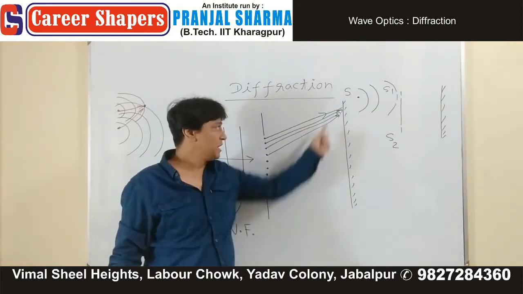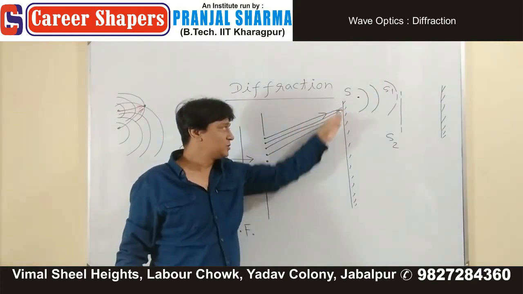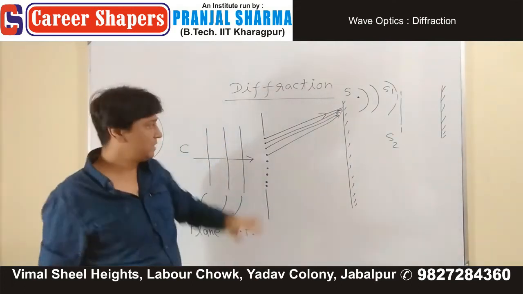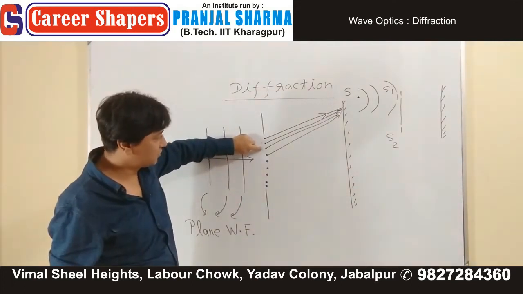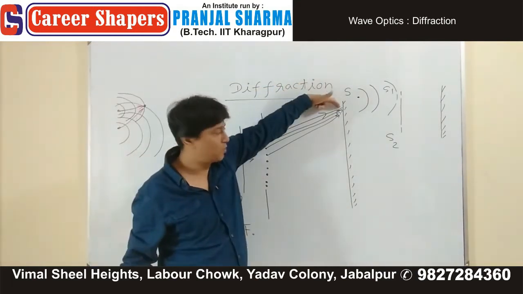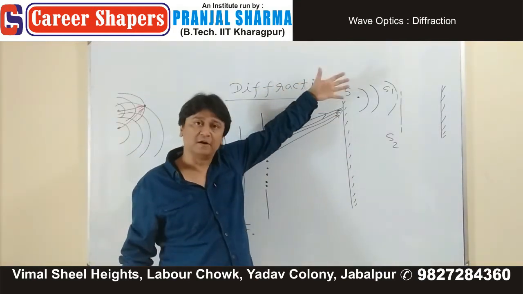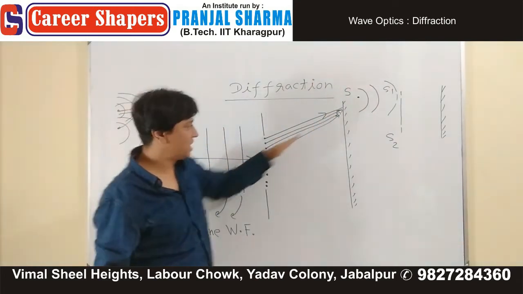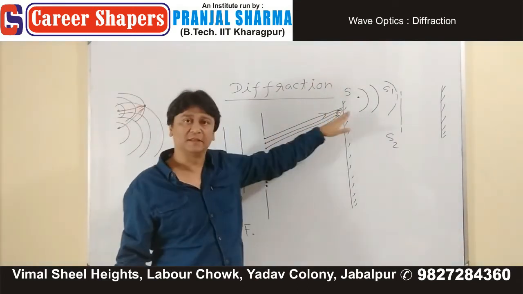Now, when light reaches these points, you can see that the positions of these secondary sources with respect to this point are different. That means light has to travel different path lengths.